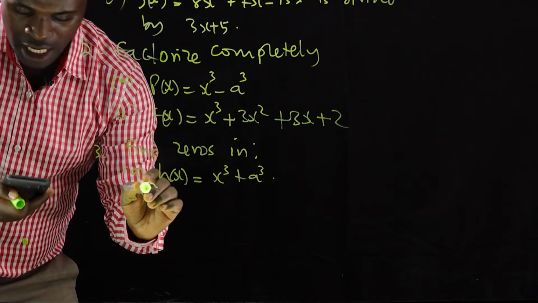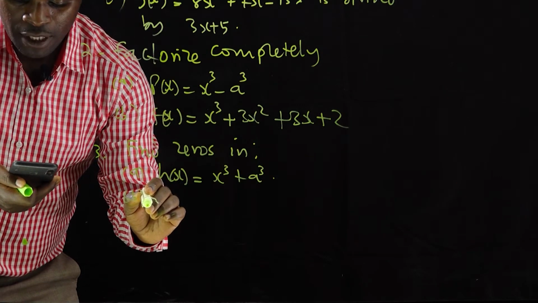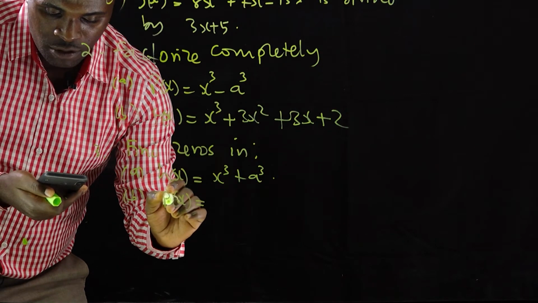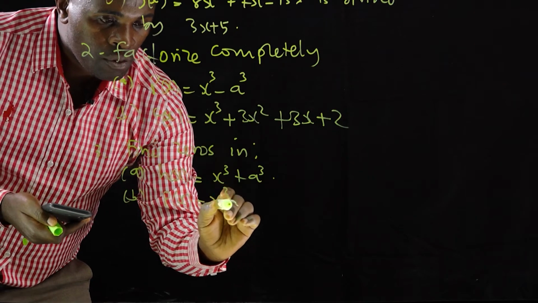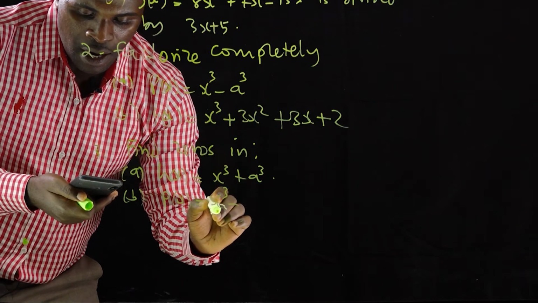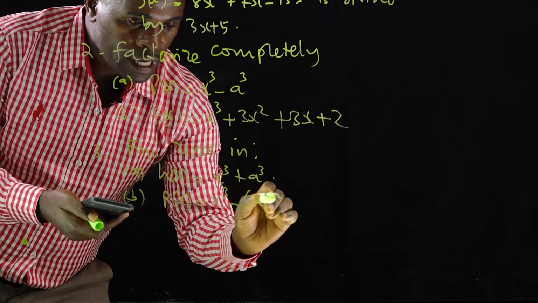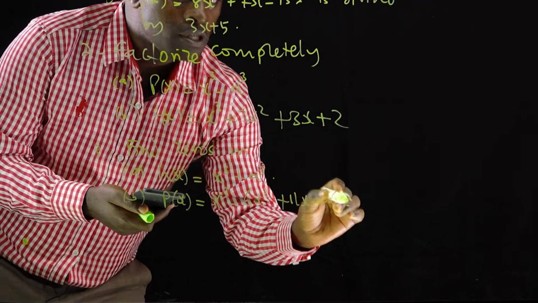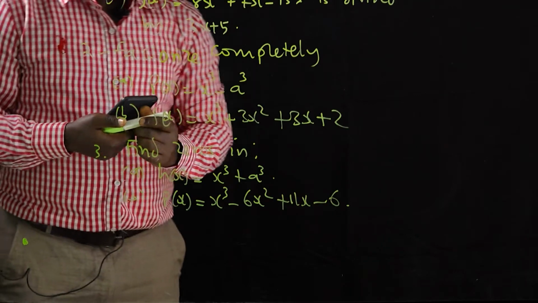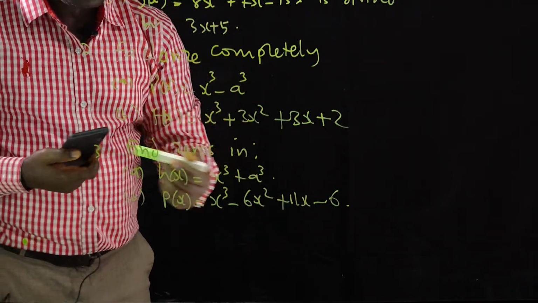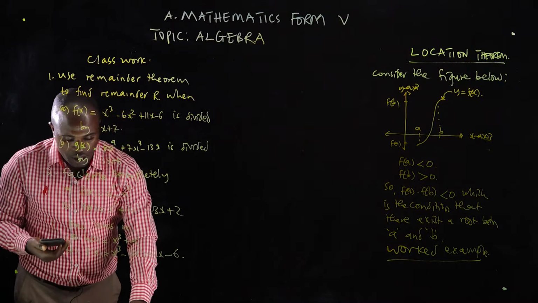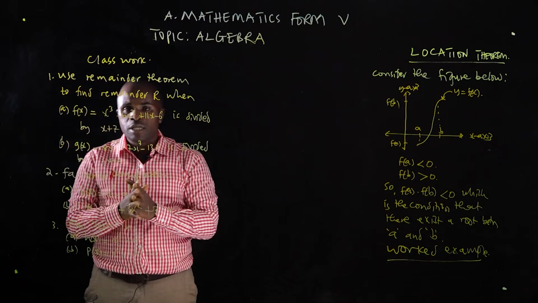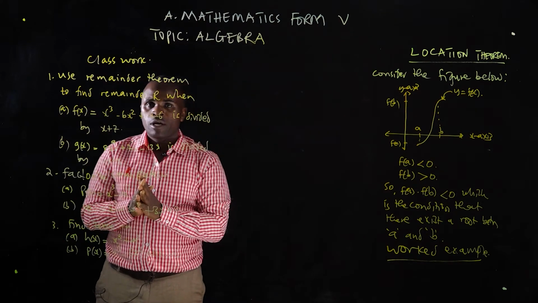B, we can have this one here: p of x equals x cubed minus 6x squared plus 11x minus 6. So here we want to find zeros on that one. With that one, I think we will be having some part to enjoy.